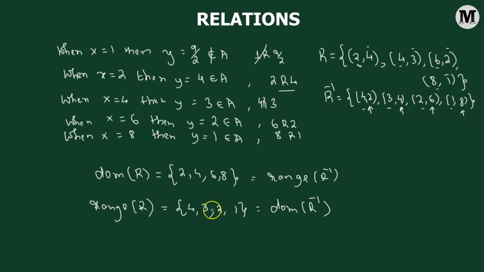So those are 2, 4, 6, and 8, which is also the domain of R. So here we have successfully obtained the domain and range of the relation R, as well as the domain and range of the inverse of the relation R, and we have specified their corresponding ordered pairs.